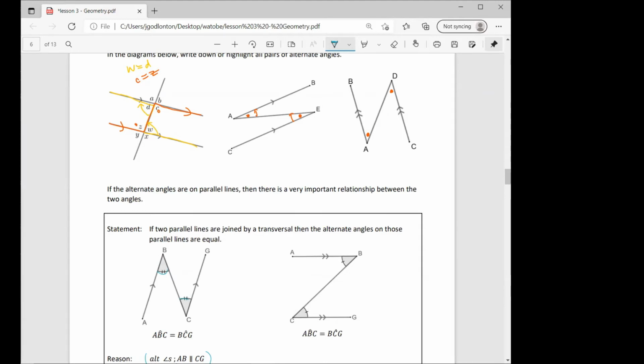And so put this into that reason book, and then we're going to try some questions using alternate angles.